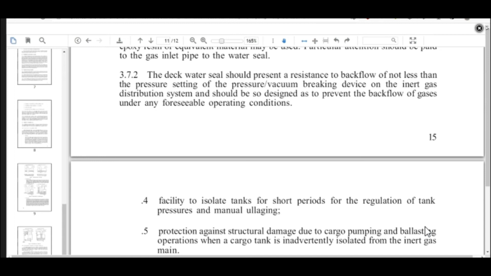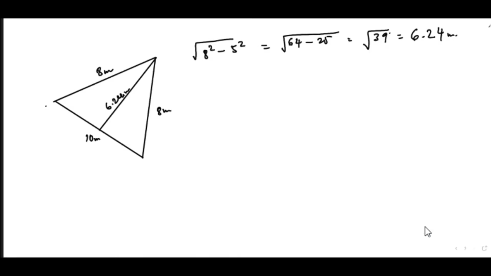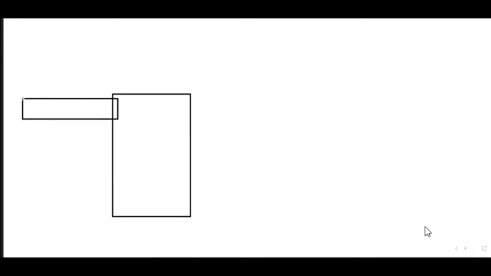let me just try to show you. Let's say this is my deck seal. The piping is coming from the engine room, and then it goes up from the deck seal.